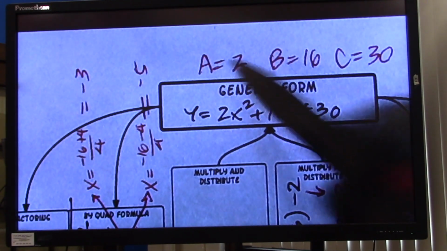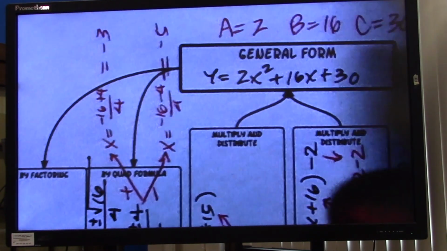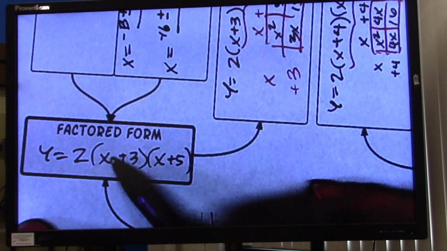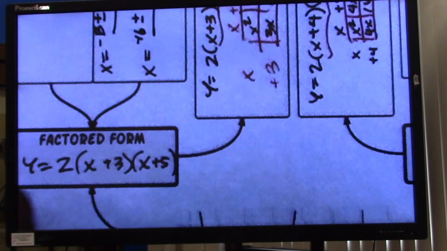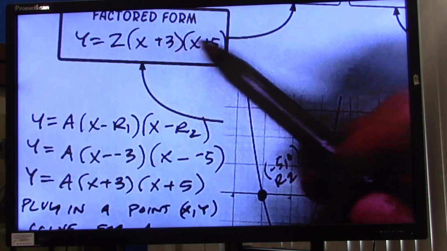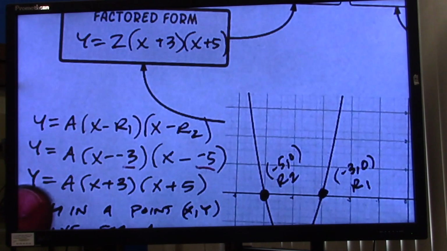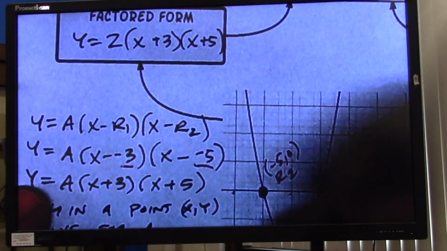Give me a moment. So we're going to bring down the same 2. If we write this, 2 is from the a from before, and then the negative 3 and negative 5 come into play here. That's what the quadratic formula gives you. You still have to know where to put them.